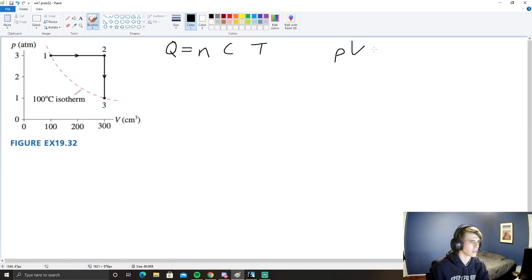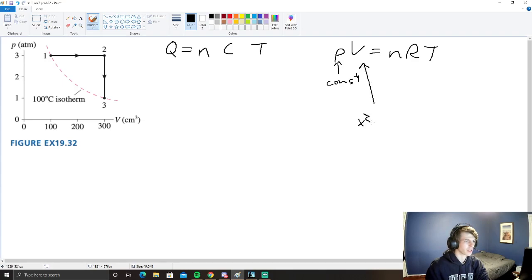You actually remember this other equation, PV equals nRT. If we hold the pressure constant, so this is constant, the volume triples. It goes from 100 to 300, times 3.